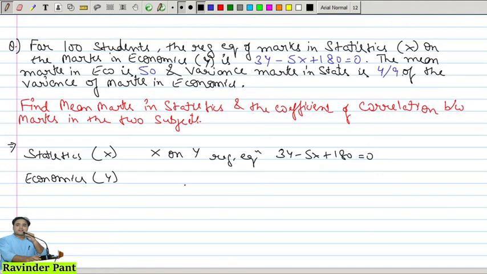The mean marks in economics, y bar, is given as 50, and it is given that variance of marks in statistics, variance for x, is equal to 4 by 9 of variance of y. So this is given.